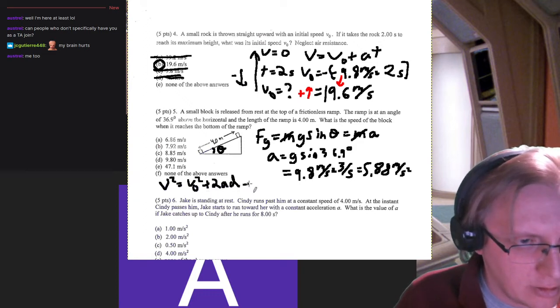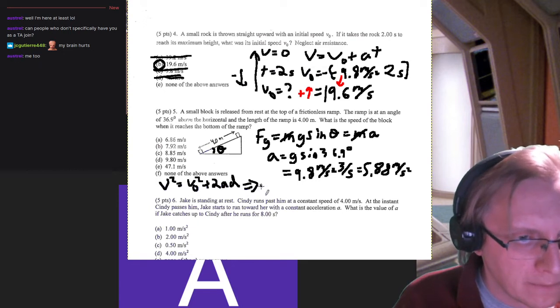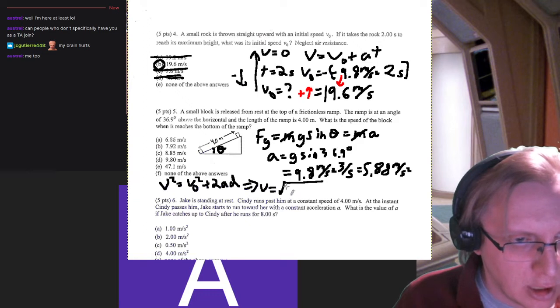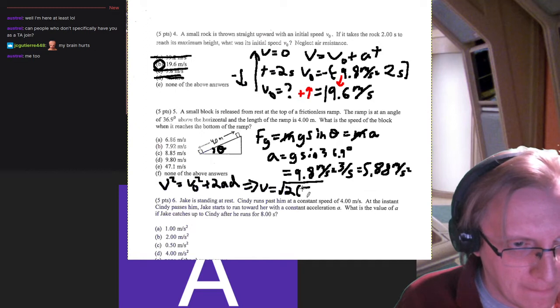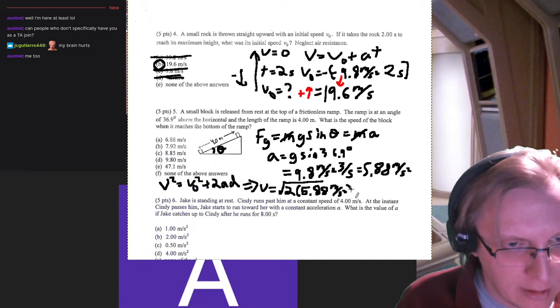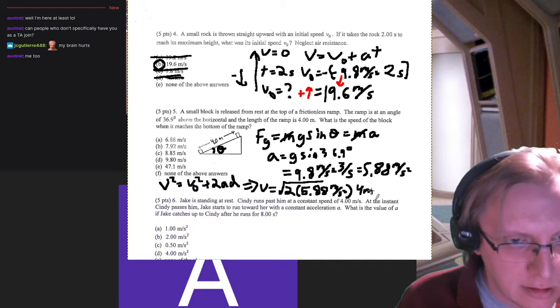Therefore, V is equal to the square root of 2 times the acceleration, 5.88 meters per second squared, times the distance traveled, which is 4 meters.